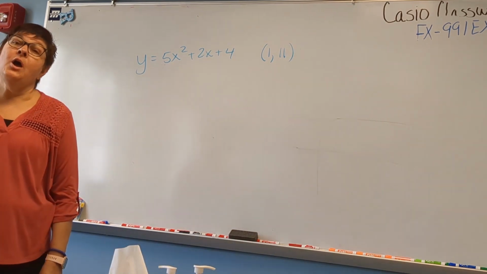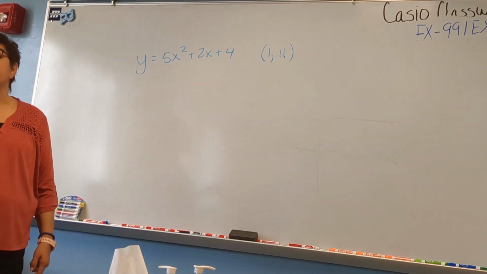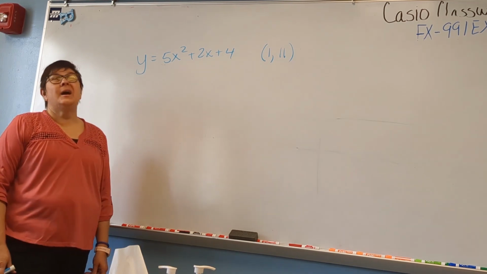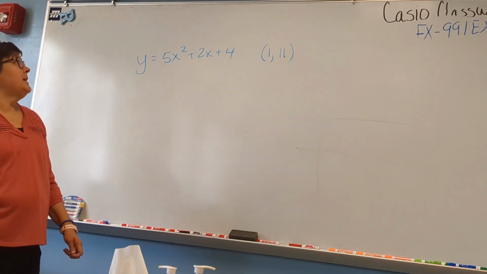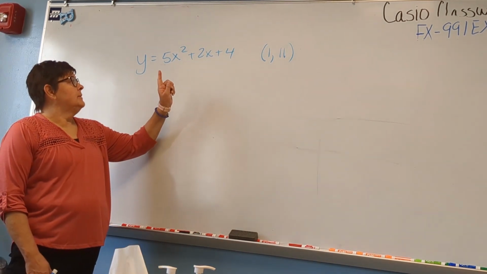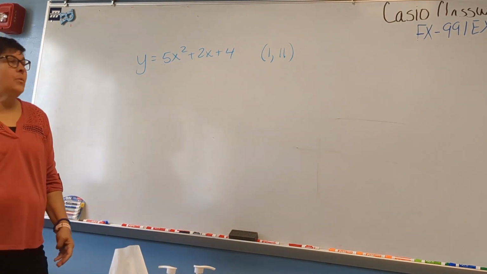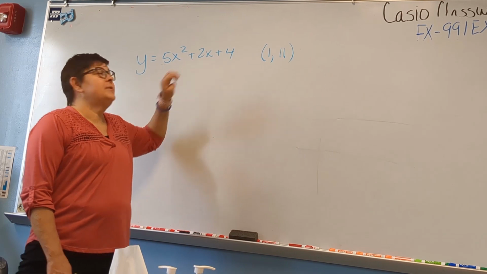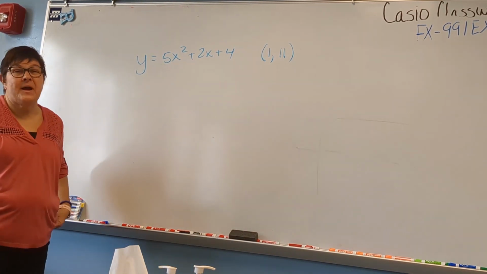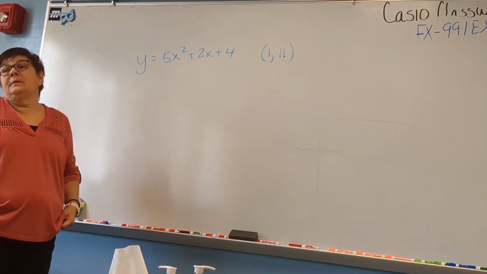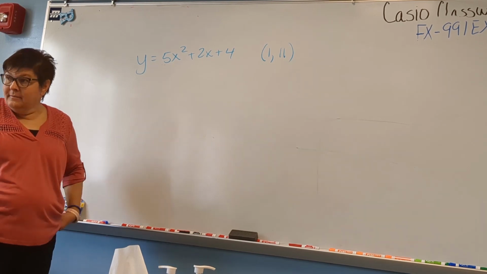And I want to know what is the slope of the tangent line at that point on this curve. So what is the slope at this point on this curve?